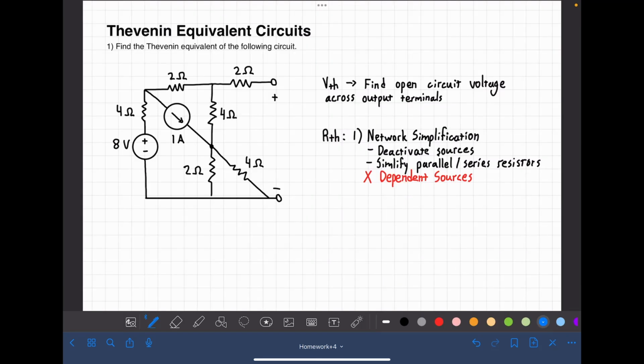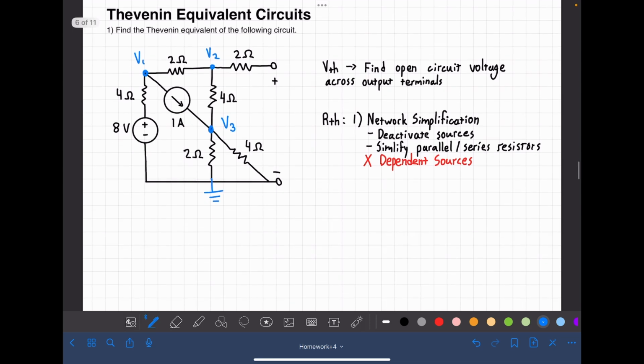Okay, so starting off with this first circuit, we're going to first find V Thevenin, so that's our open circuit voltage. To do that, I'm just going to use node voltage analysis. So I'm going to identify all our essential nodes. I'm going to label this one as ground. And then I'm going to start writing some equations.